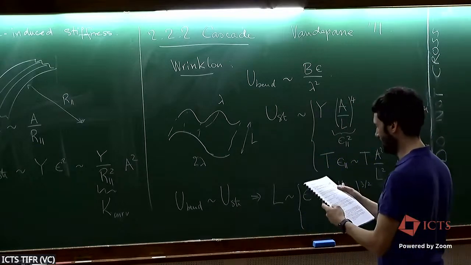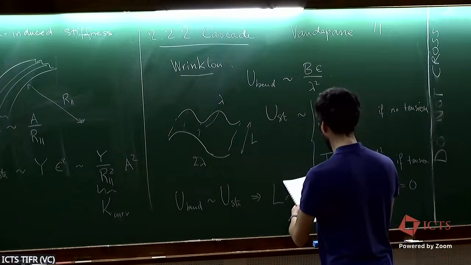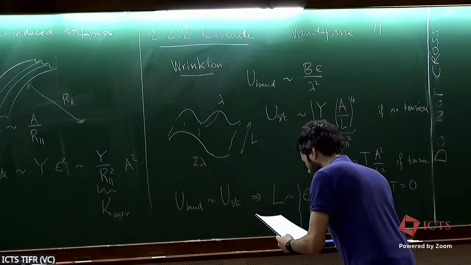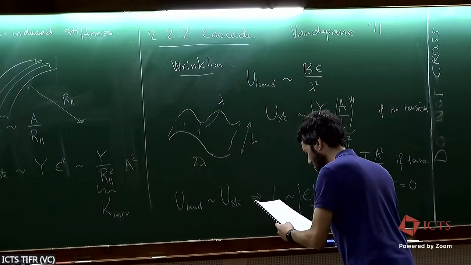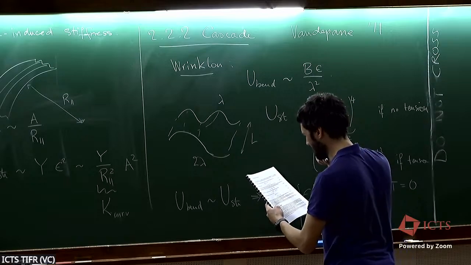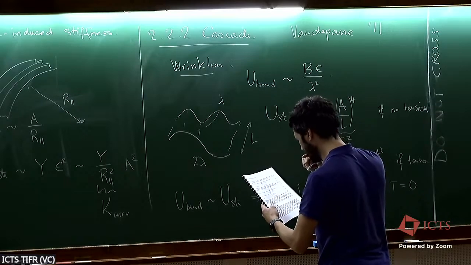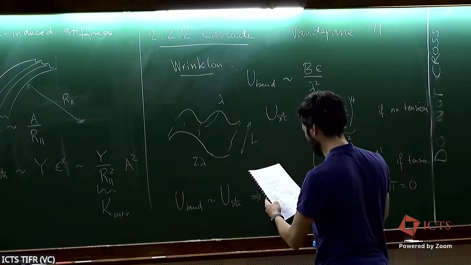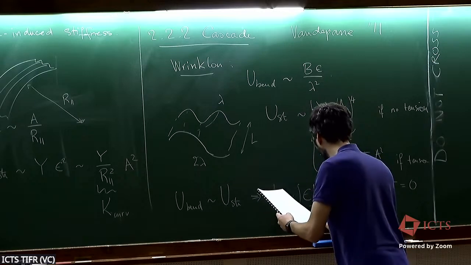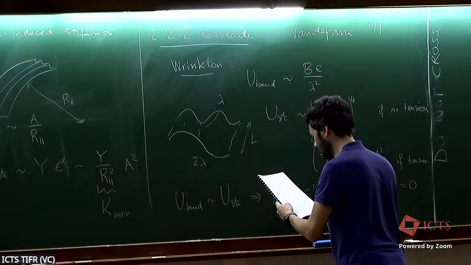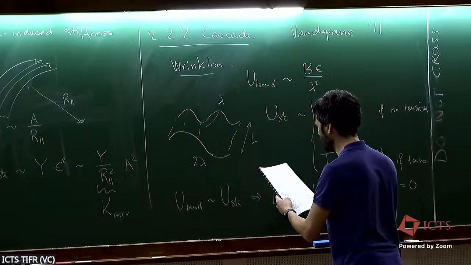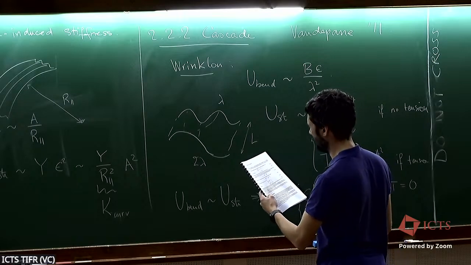And if T is non-zero, you have T over Y. Why did I do that?